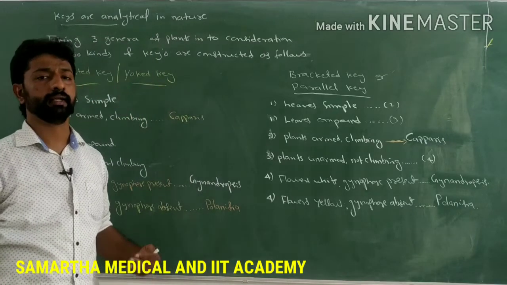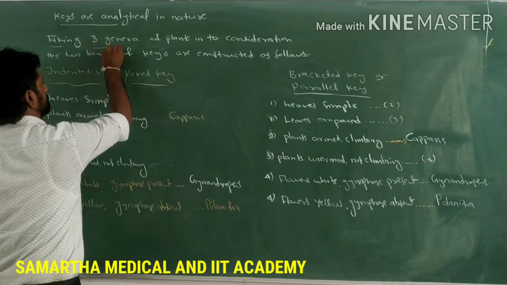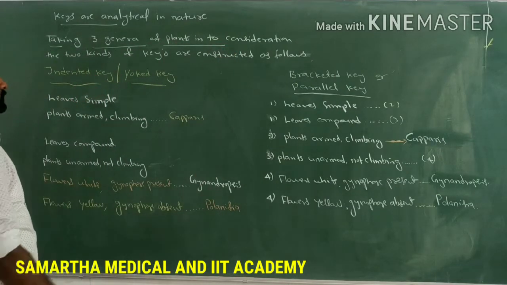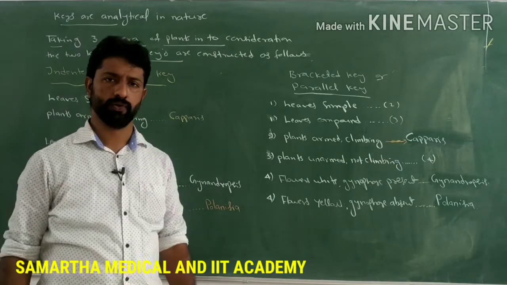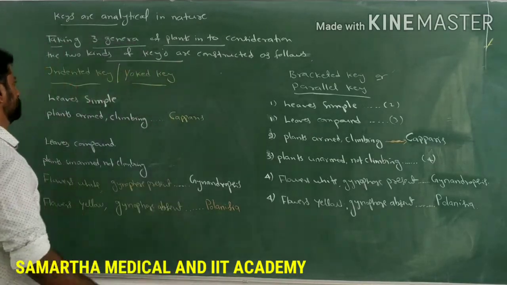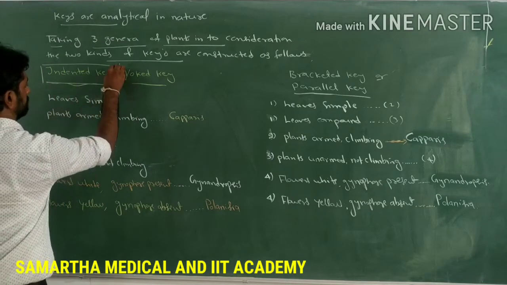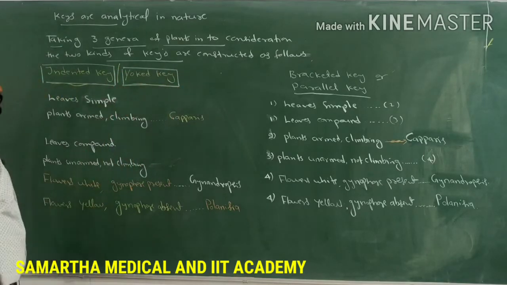Considering the examples of 3 genera, taking 3 genera of plants into consideration, there are 2 kinds of keys constructed as follows. The one is the indented key, also called the yoked key.